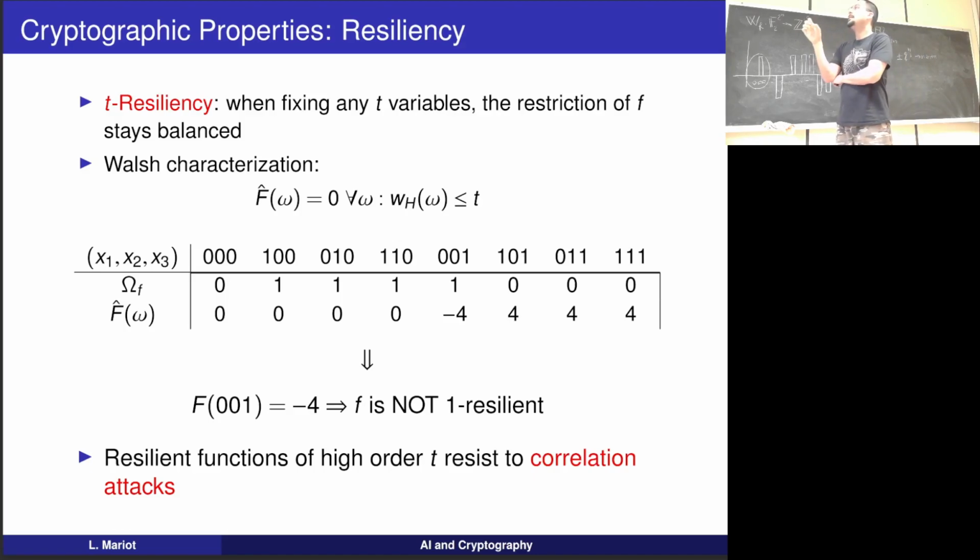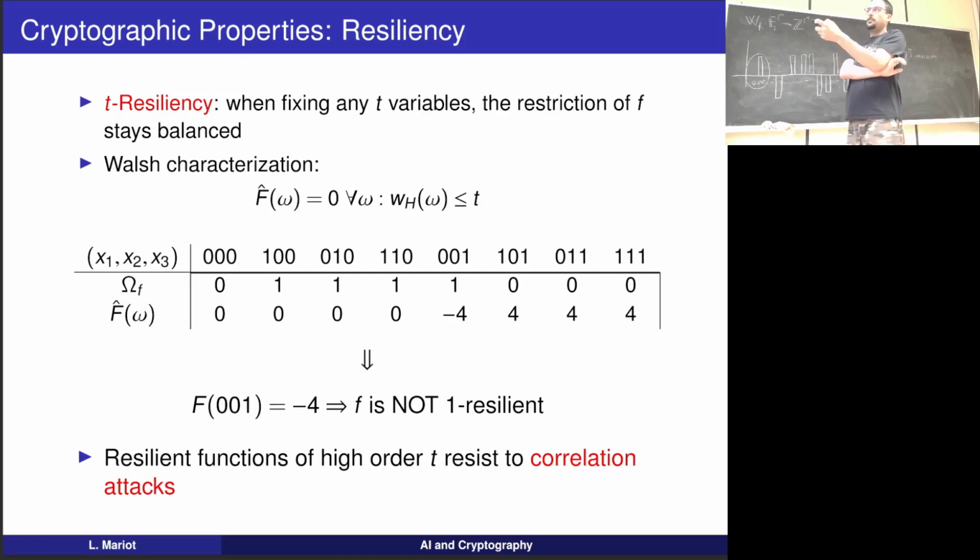And something similar is done with what is called correlation immunity, which we will see a bit better this afternoon, where by fixing at most t variables, the restrictions will all have the same Hamming weight in their truth table. But okay, for the moment, let's stick with resiliency.